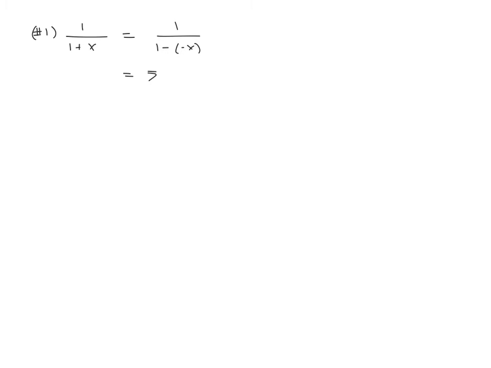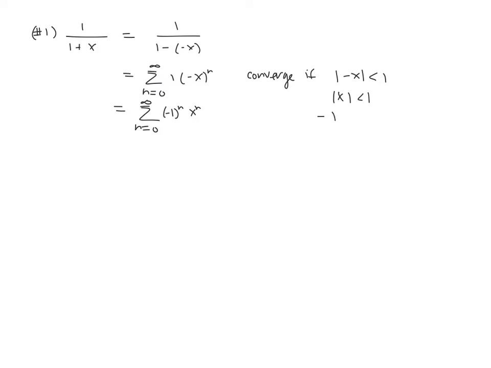That will be the sum from n equals 0 to infinity, 1 times negative x to the n, or the sum from n equals 0 to infinity, negative 1 to the n, x to the n. Notice this will converge if the absolute value of negative x is less than 1, which is the same thing as saying absolute value of x is less than 1, or x is between negative 1 and positive 1.